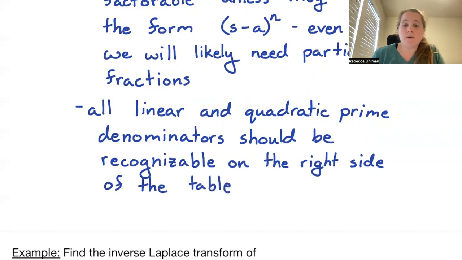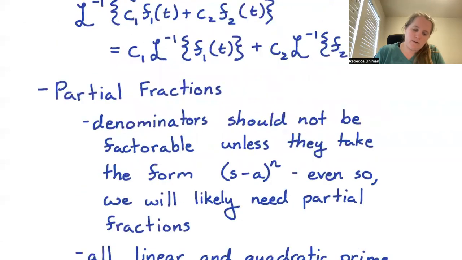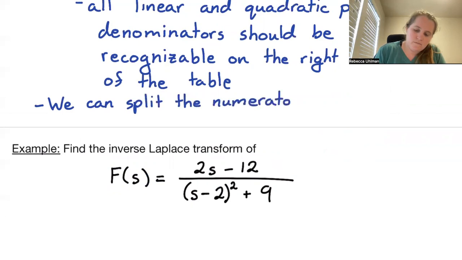The other thing we will sometimes do is just split our fraction into two fractions, splitting the numerator. So the last trick we have, besides partial fractions and linearity, is that we can split the numerator to match the desired form.